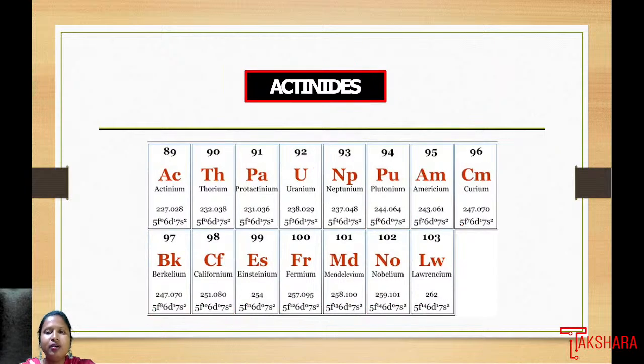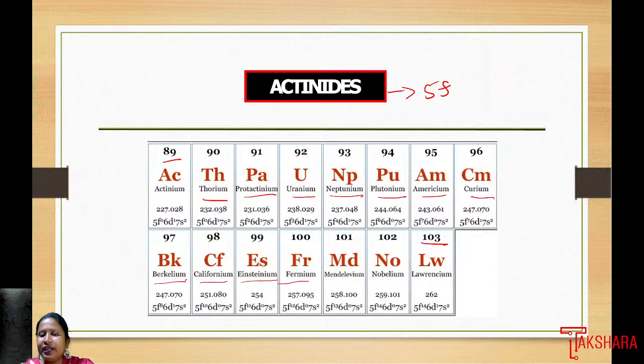Next we have actinides. Starting from atomic number 89 to 103, together we call them actinides, or the 5F series. Lanthanides are the 4F series and actinides are the 5F series. They are actinium, thorium, protactinium, uranium, neptunium, plutonium, americium, curium, berkelium, californium, einsteinium, fermium, mendelevium, nobelium, lawrencium.